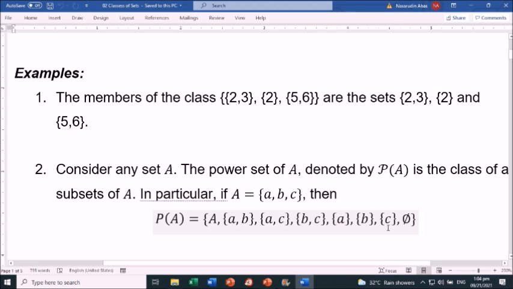These are the subsets of set A, so we gather all the subsets. They are called the power set. And this power set is considered a class, because all members of its set are sets too.